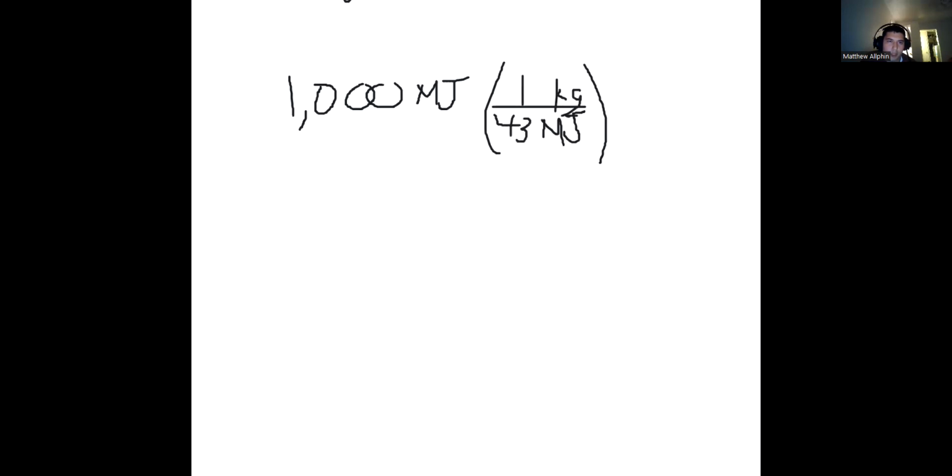So these megajoules will cancel. I just do 1000 divided by 43. That gives me how many kilograms of coal I need to burn in order to generate 1000 megajoules of energy: 23.3 kilograms of coal.